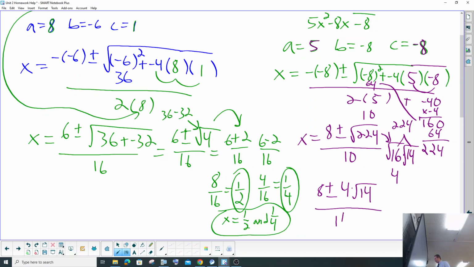And why does that matter? Why do we have to do that? Because if you can reduce it, you need to. And they're all divisible by what? 4? No, 10's not divisible by 4. They're all divisible by 2. So you get 8 divided by 2 is 4, plus or minus 2 radical 14, because 4 divided by 2, all over 5.